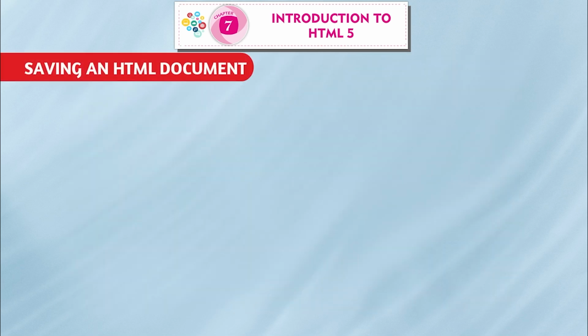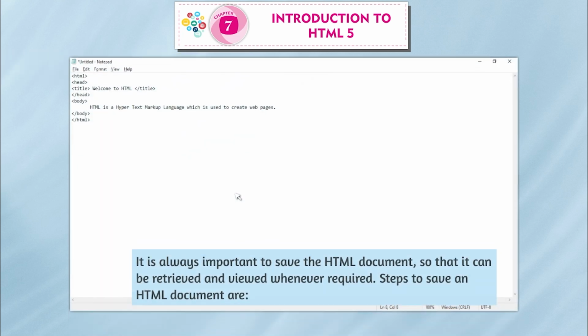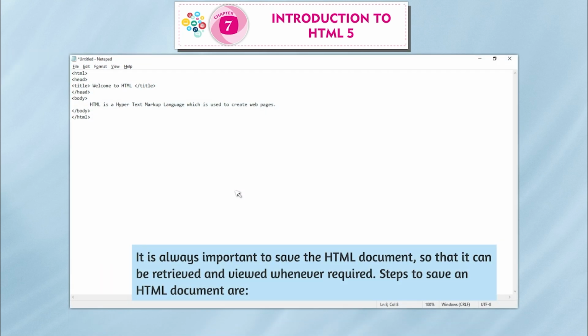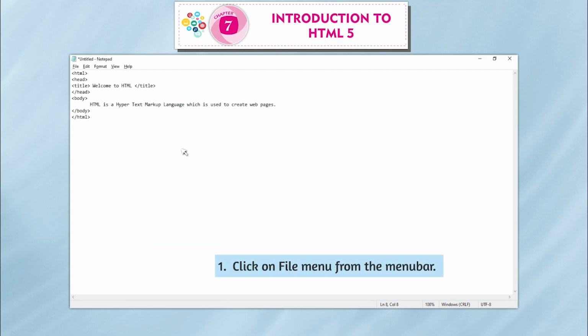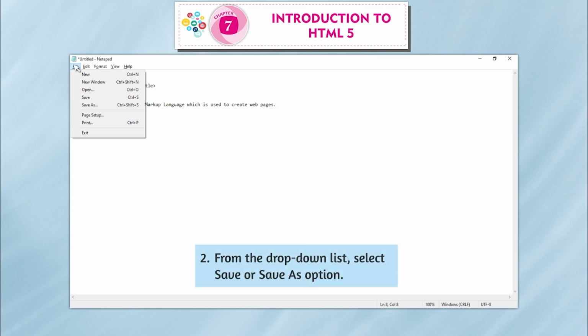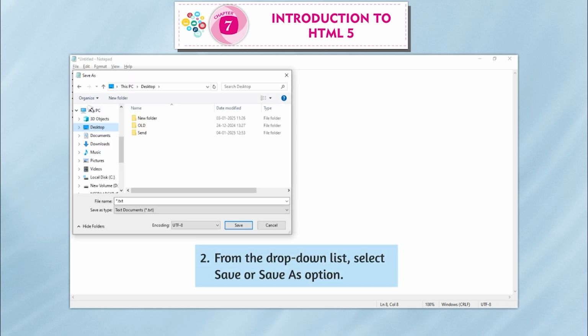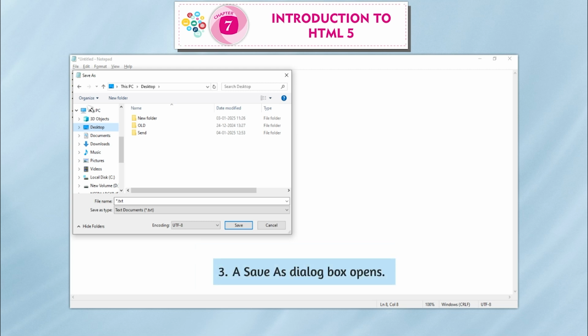Saving an HTML document. It is always important to save the HTML document so that it can be retrieved and viewed whenever required. Steps to save an HTML document are: 1. Click on File menu from the menu bar. 2. From the drop-down list, select Save or Save As option. 3.